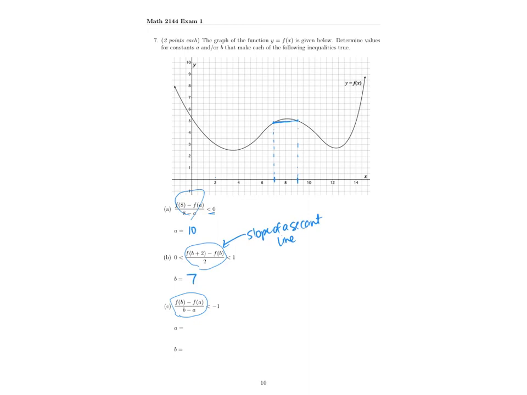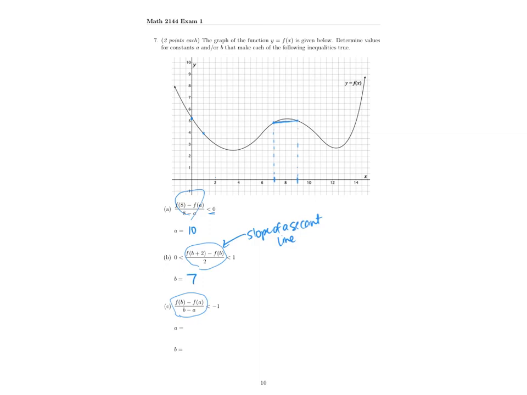Here at 1, the height is kind of close to 4. Hang on, let's see here. Maybe I'll go to a steeper part of the graph. At 0, it's like 5.2. And then at 1, it's like 4.